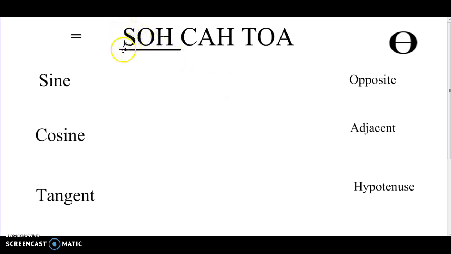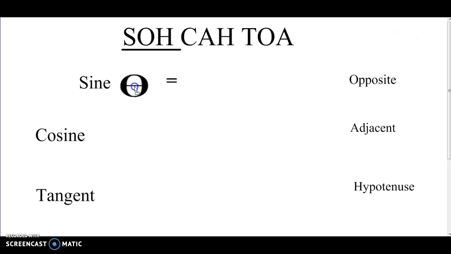So sine is the first part of SOHCAHTOA. So sine of an angle, so this is theta. Theta represents an angle measure. So sine of theta, sine of some angle, equals O stands for opposite.